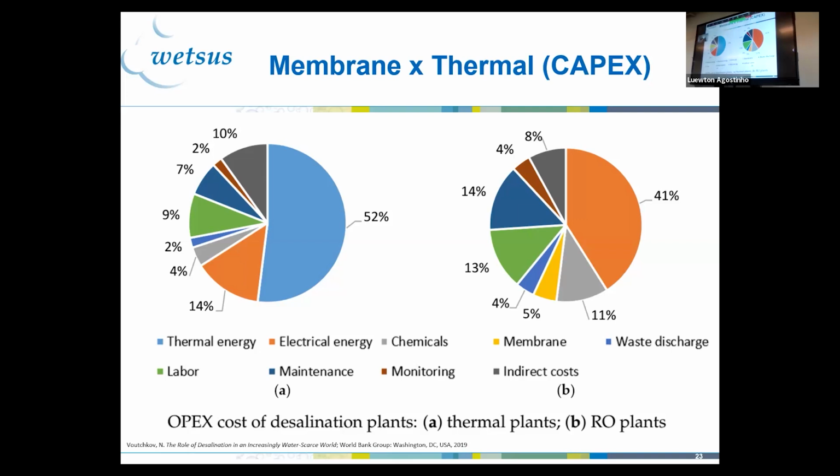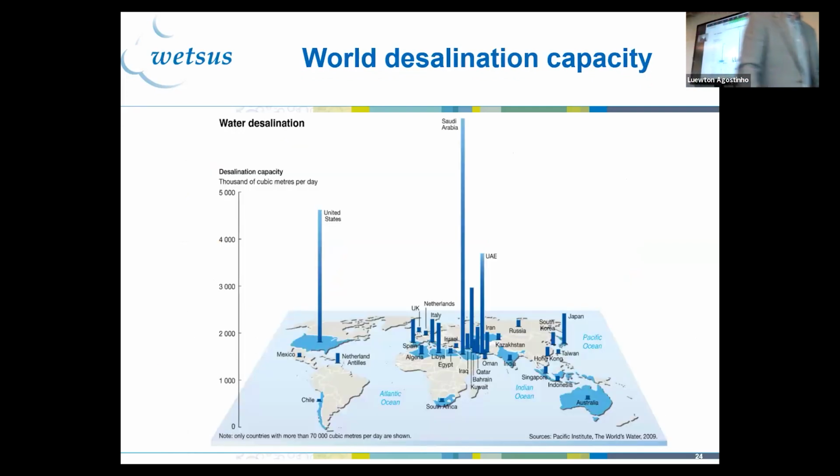To the brine, right? To this fraction, to the 50% brine fraction, and eventually they are discharged in the sea. So one of the main challenges that we have now in the RO brine is how to tackle the chemicals discharge, among others, of course.